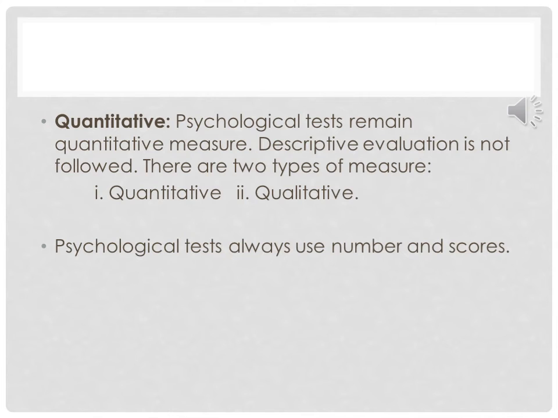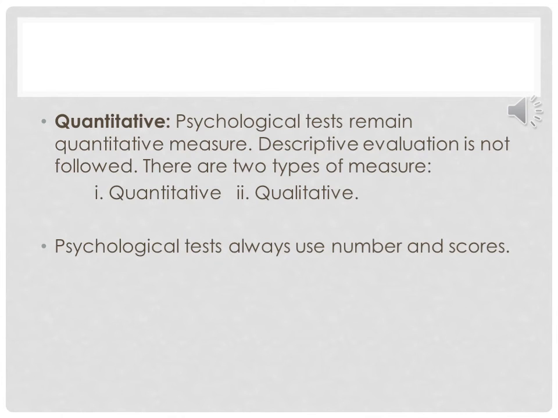On the basis of quantitative, there should be some numbers and scores, and qualitative means it will describe the levels of the test. It should not be done with numbers, and the scoring procedure should not be done in a numerical way.